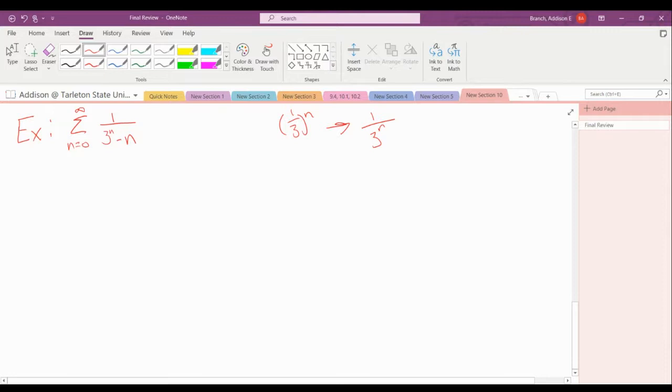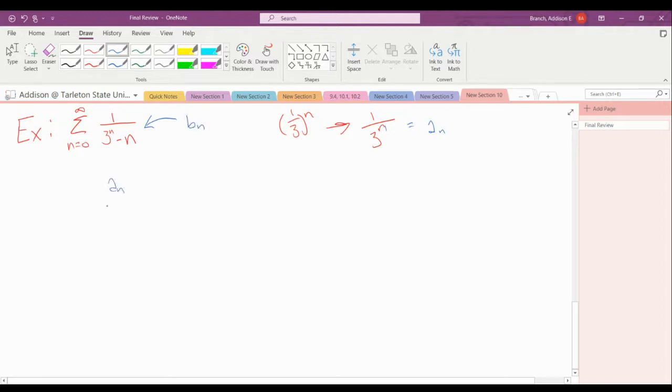So now let's go ahead and play with this. I think the easiest thing to do is to flip this piece, once again mainly because we can break this down into multiple pieces. So we can let this be our a_n, and this is going to be our b_n.